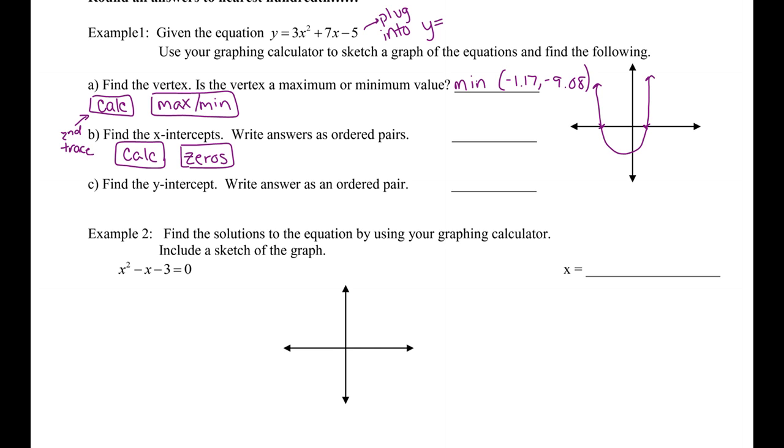So if I look at the point on the left first, after you select zeros, it's going to ask you for left bound. So here's the area that's clearly to the left of my point. If you're not sure which side is to the left and to the right, move your cursor until it's close to the point and then use the left arrow key to move in the correct direction.